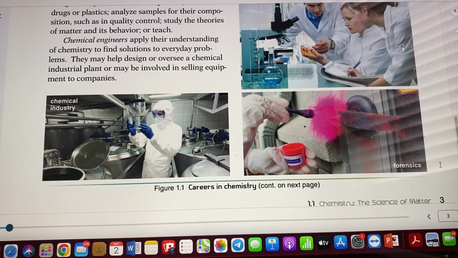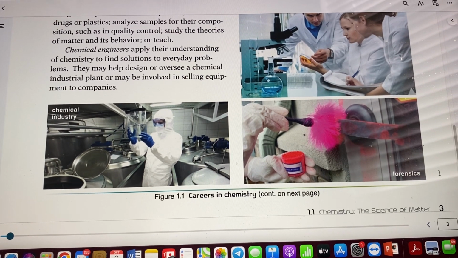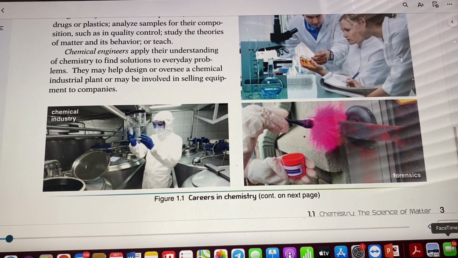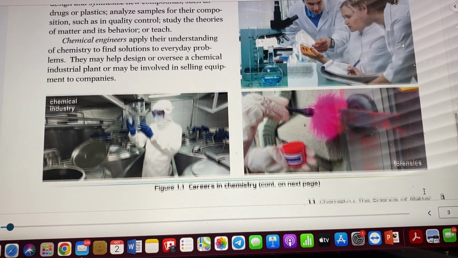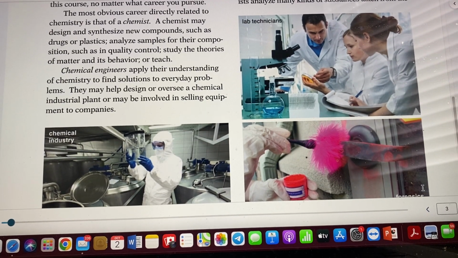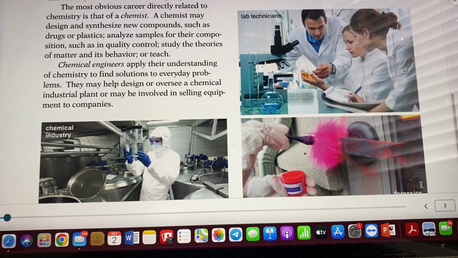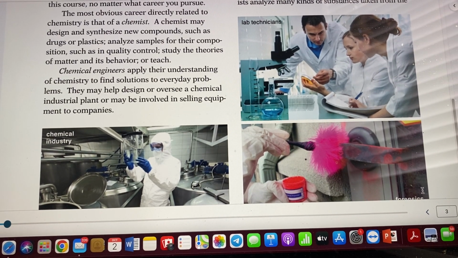And now we're talking about careers here in these pictures, and you can see the careers. Let's move this down so you can see a little bit better. Sorry. There we go. So the careers. Chemist, we see a chemist. A chemist designs and synthesizes new compounds.